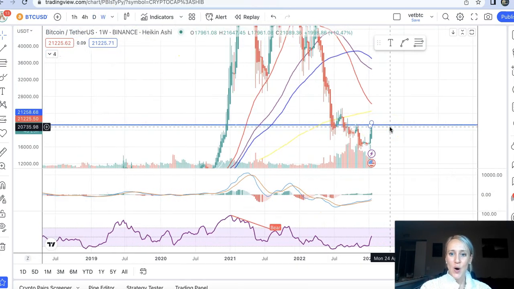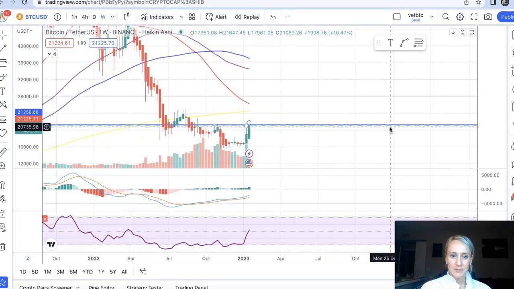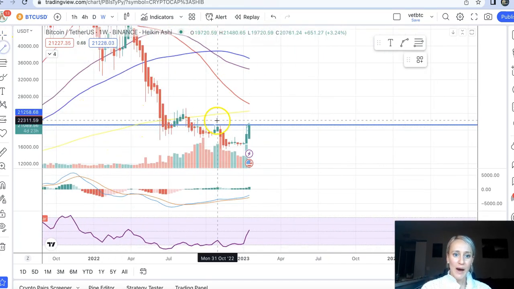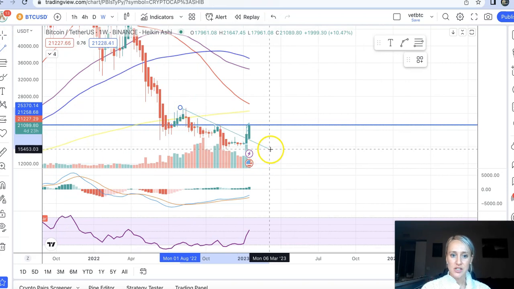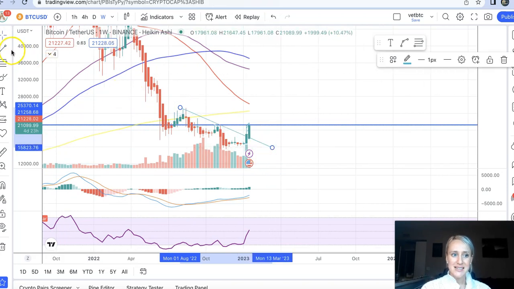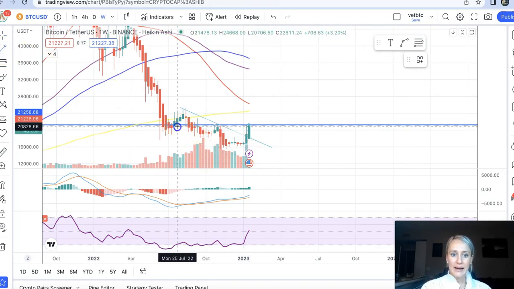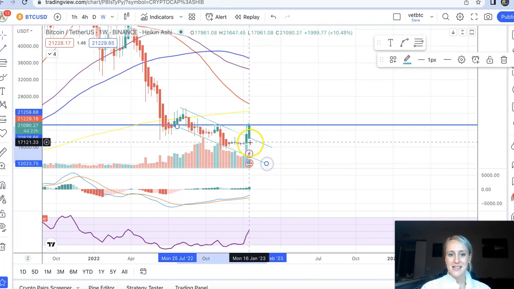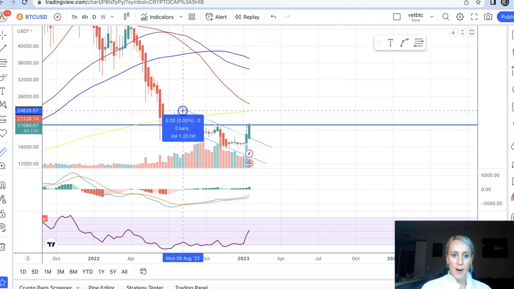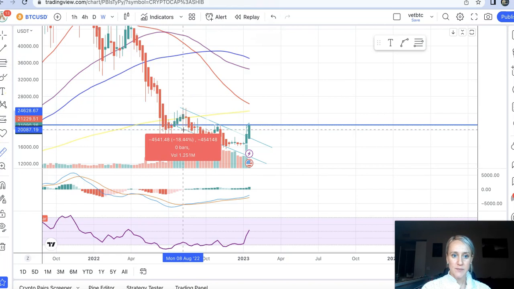On the weekly chart, here, you have a falling wedge, which falling wedges typically break up. It's a 60% chance to the upside. And you can always go ahead and take the potential measured move of this last one, 18%.